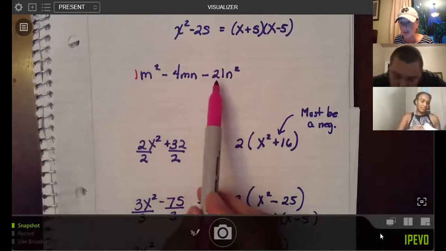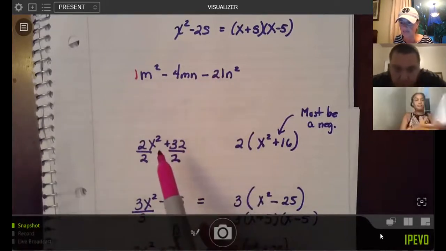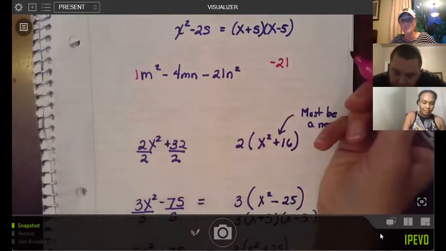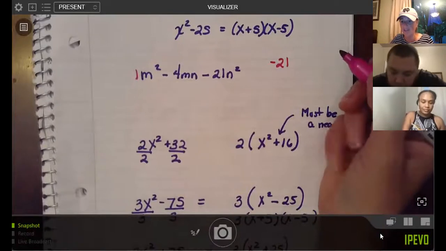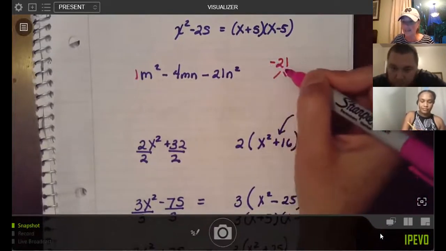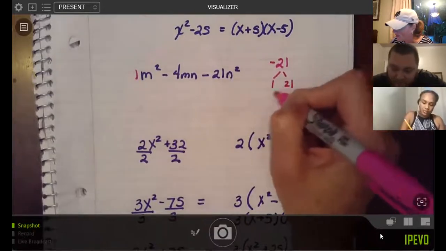You're just looking at the numbers, right? So it's negative 21. This is where the sign sisters come in again, because when I multiply 2 numbers to get a negative, what's going to happen? One has to be positive, one has to be negative. Okay, what are the first numbers you think of to get you 21? 1 and 21. All right, 1 and 21. And so this is what I do.